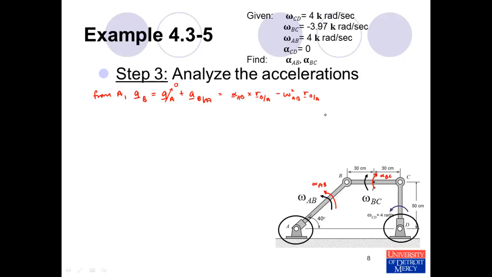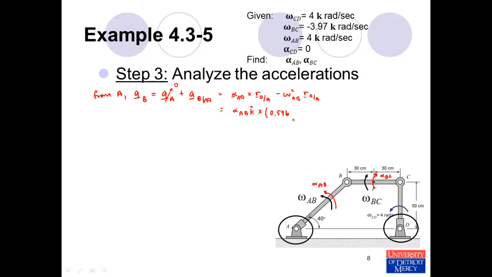Substituting in what we know, we don't know the angular acceleration of AB, but we've assumed a direction in the positive k. We know the position vector.